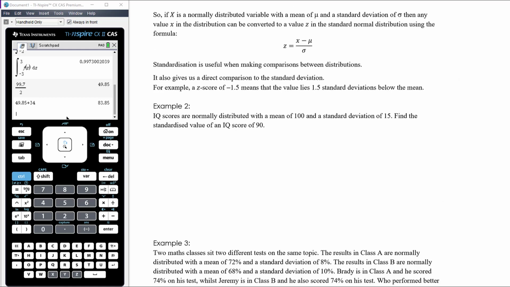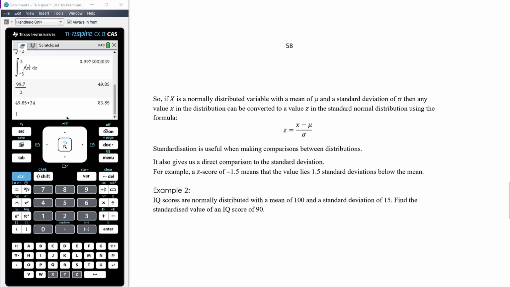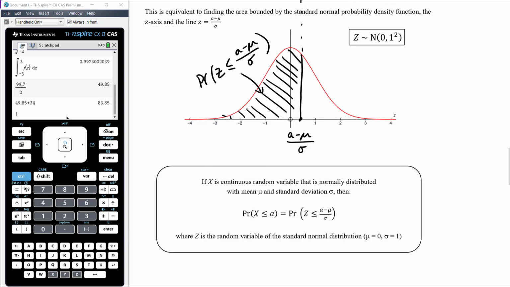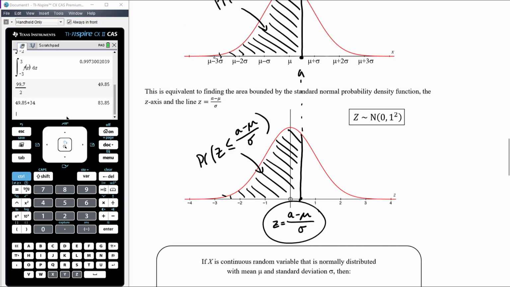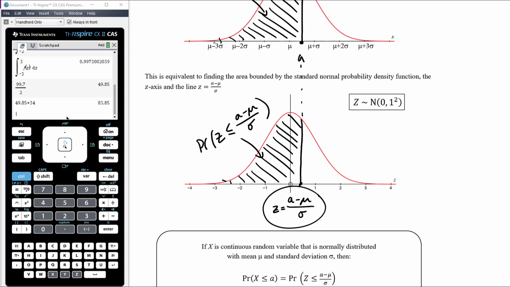So we talk about a Z-score. When we calculate a minus the mean divided by the standard deviation, we're calculating what we call a Z-score. That tells us roughly how many standard deviations above or below the mean we are. It looks like here I'm going to get a Z-score of maybe, let's approximate, about 0.4.